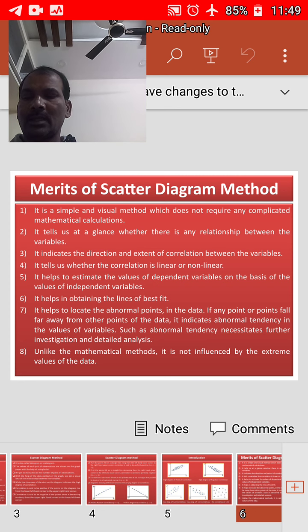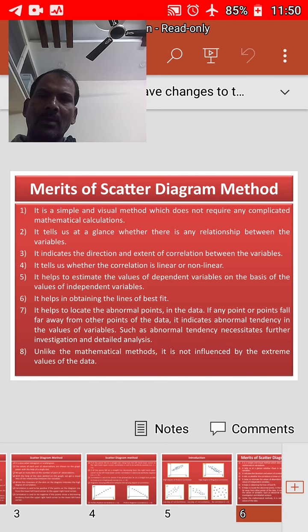And it tells us at a glance whether there is any relationship between the variables or not. Within a glance of time, we can come to know whether the relationship exists by seeing the graph itself. In a second, you can tell.